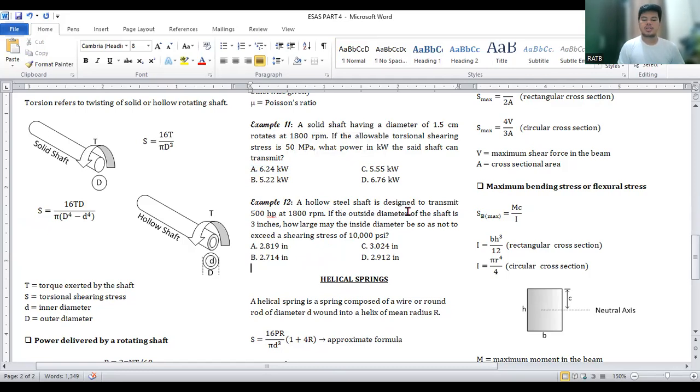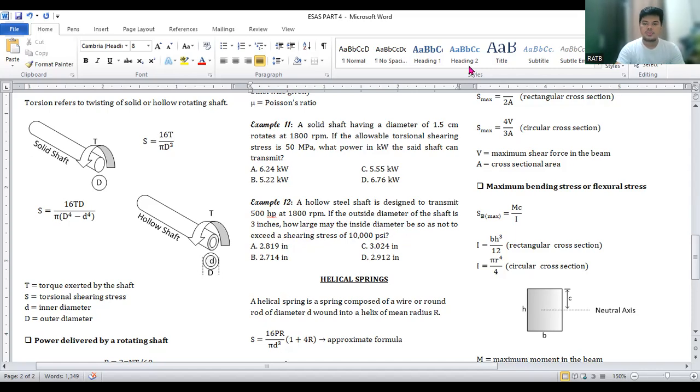If the outside diameter of the shaft is 3 inches, how large may the inside diameter be so that it will not exceed a shearing stress of 10,000 psi? So we are asked to obtain the internal diameter so that it will not exceed 10,000 psi.